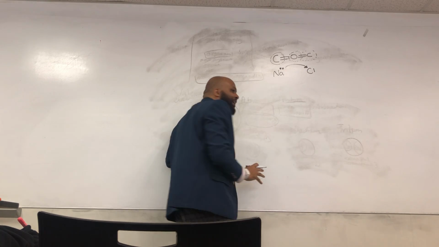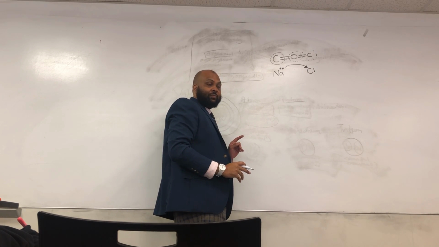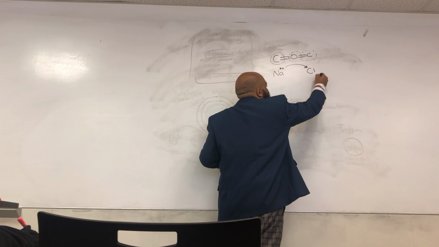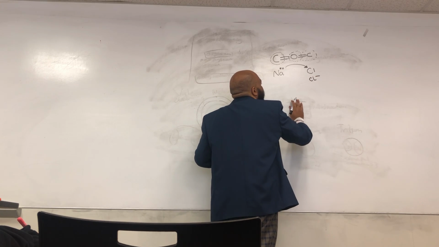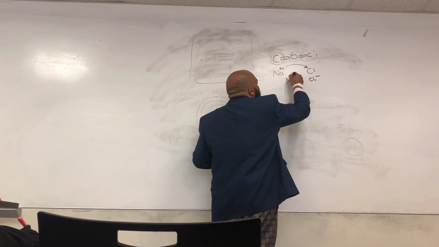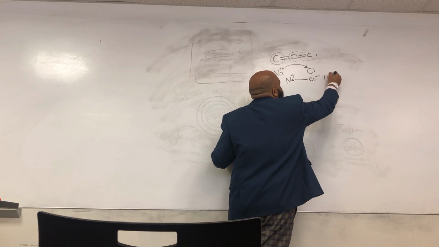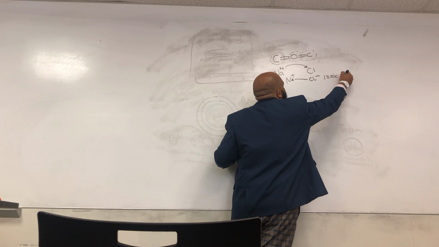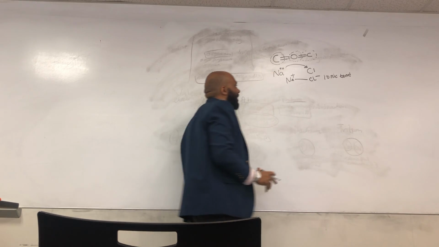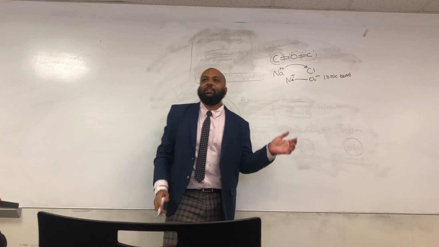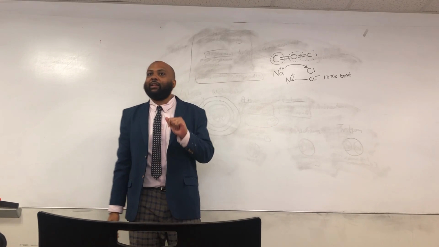So it is now not shared. Chloride has the electron, chloride is minus, and sodium lost the electron, so it's plus, and that's an example of an ionic bond. So in an ionic bond, somebody lost the electron, somebody gained the electron.